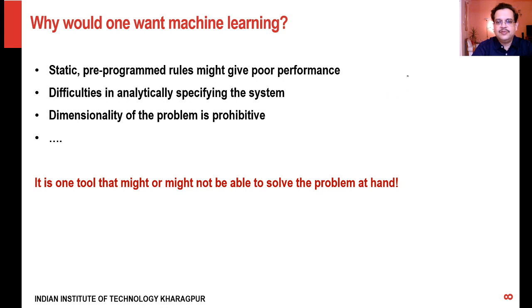As an example, you can think of an autonomous driving situation where I have to make a particular kind of turn in a road at a fairly high speed.